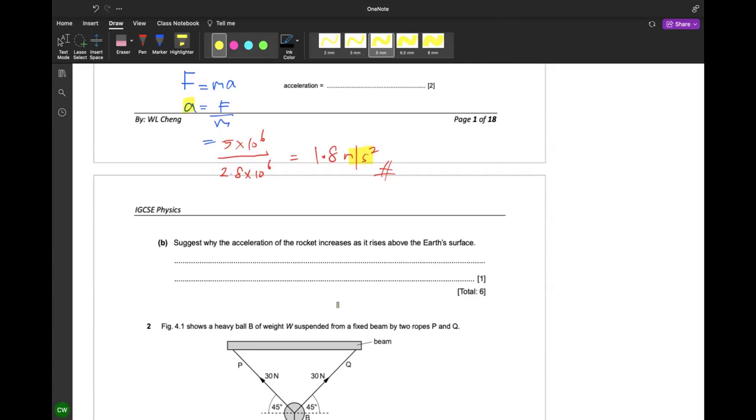Suggest why the acceleration increases as it rises above the surface. Why does the rocket go faster and faster? When the rocket is going up, a goes up.